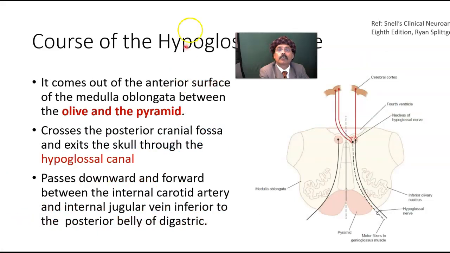It comes out of the anterior surface of the medulla oblongata between the olive and pyramid. We just discussed that. This is the pyramid, this is the olive. The olive contains the inferior olivary nucleus. It crosses the posterior cranial fossa and exits the skull. Exits means that it leaves the skull.